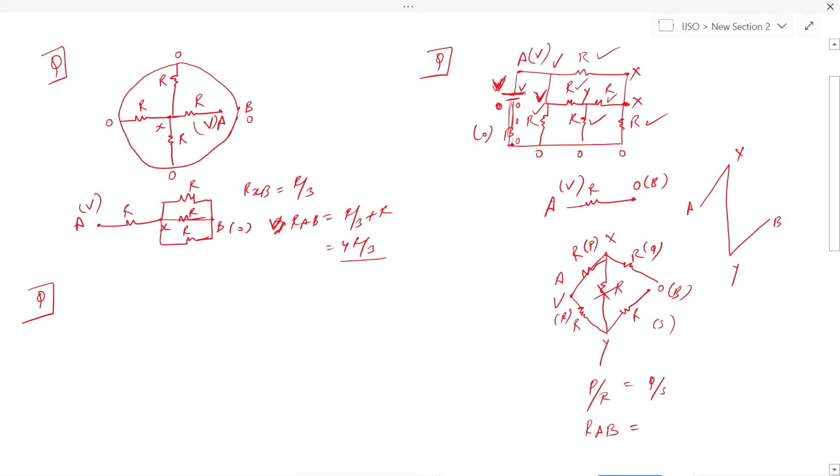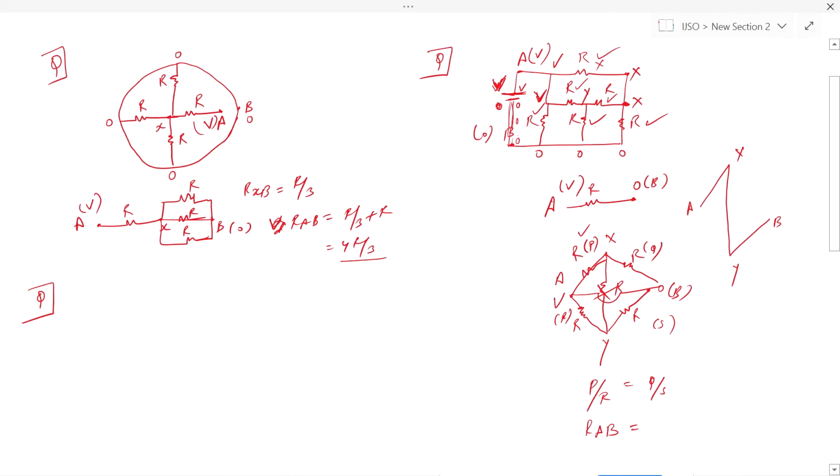Where did one go? One minute. So V to X is R. This one is done. One more will be left. This one. There is one more resistance R. Should I do it again? Do it again. Okay, 1 minute. Okay, I think let's do it.